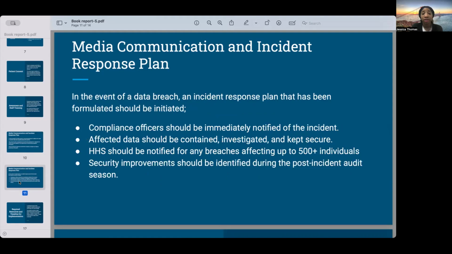In the event of a data breach, an incident response plan that has been formulated will be initiated. This would immediately notify the compliance officers of the breach, then go through a containment and investigation process for the affected data to make sure it stays secure.